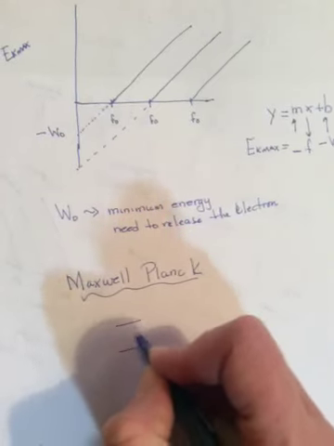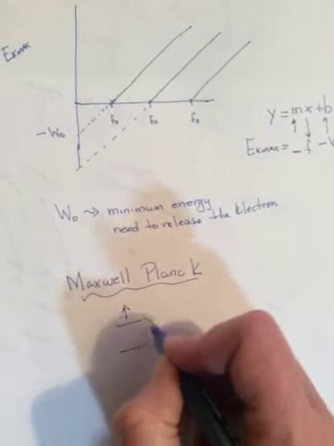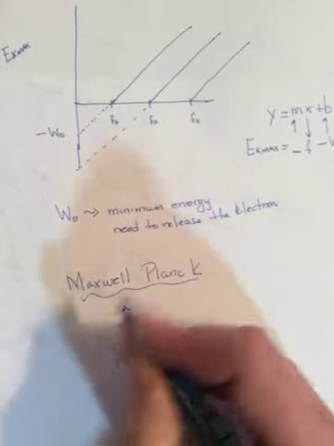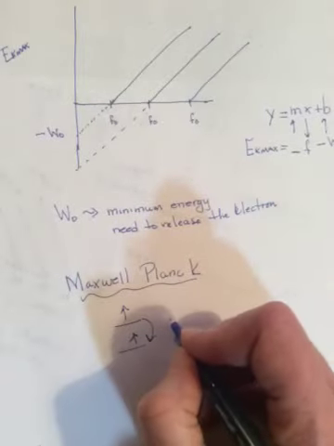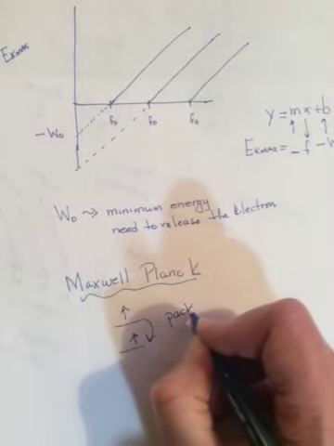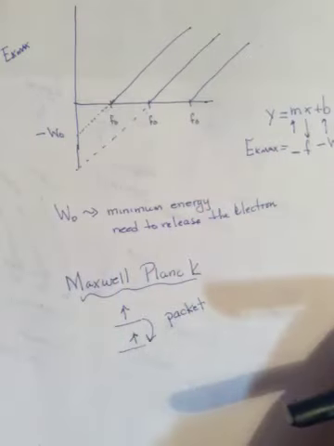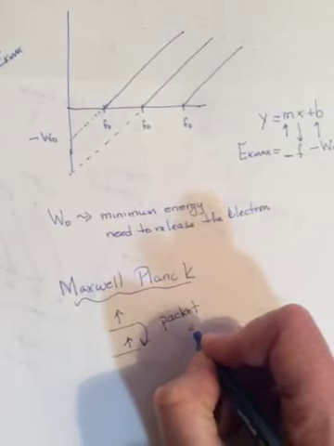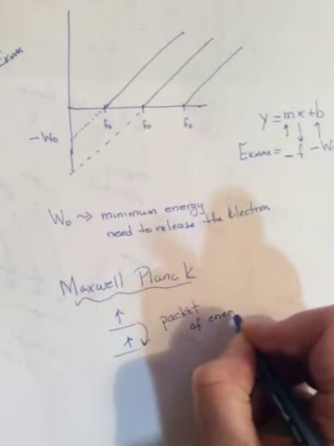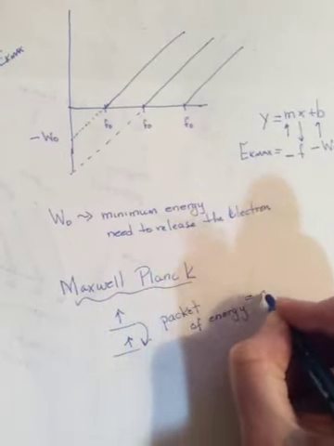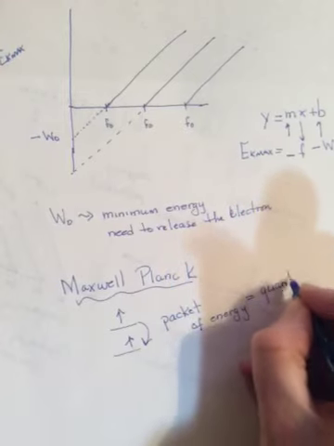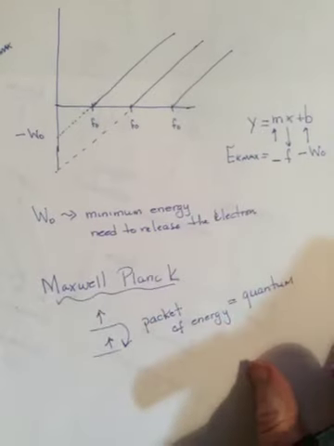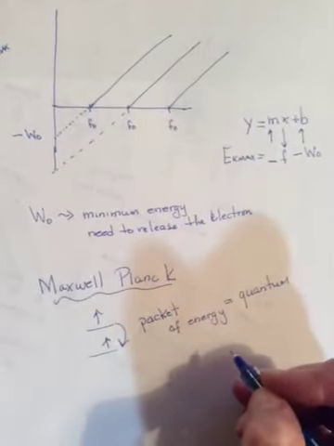So when an electron was at one energy level and it was going to jump down to another energy level, it couldn't just emit the energy in a continuous stream. It had to emit it as a little packet. Okay? Discrete packets. And this discrete packet of energy is what we call a quantum.